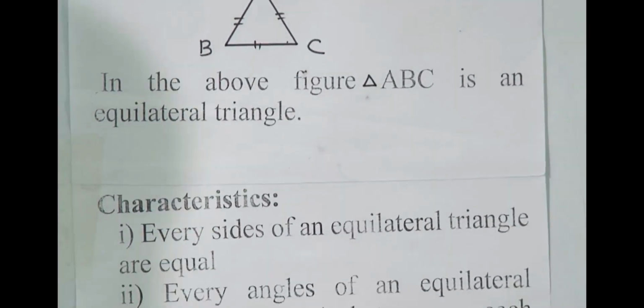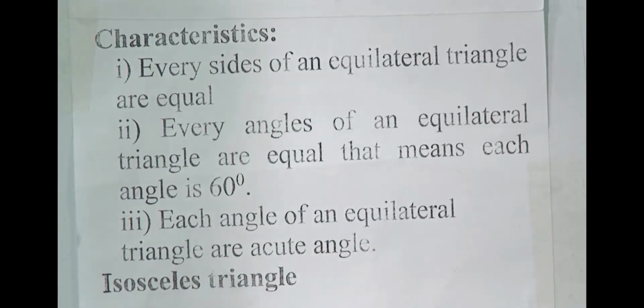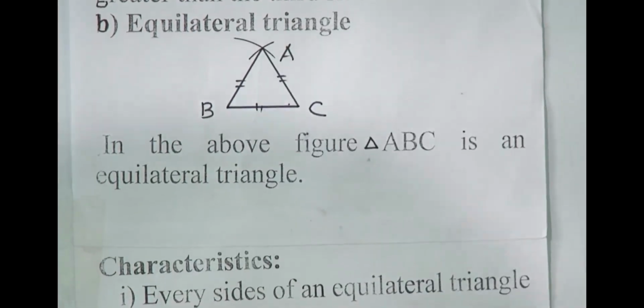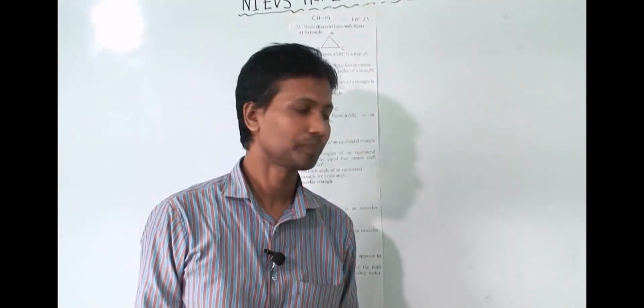Number 3 condition: each angle of an equilateral triangle is an acute angle. This must be an acute angle triangle because all the angles are less than 90 degrees.